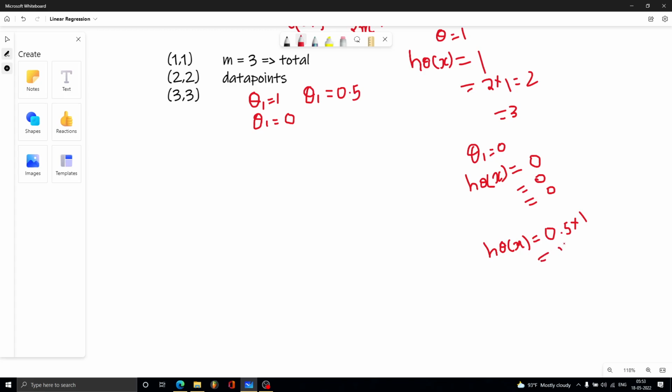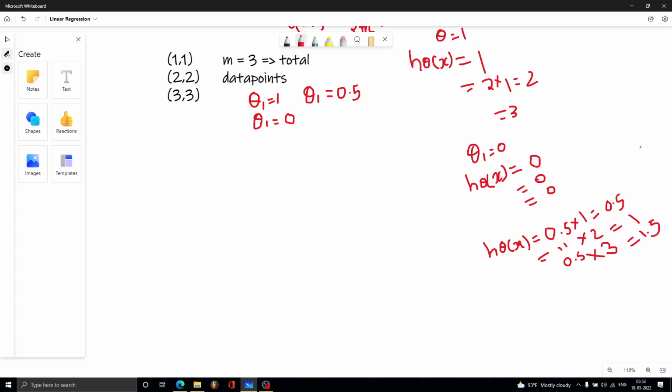Similarly 0.5 will be multiplied by 2, then 3. And what will we get here? Simple multiplication. We will get 0.5, then 1, and then 1.5. So we are getting these values.